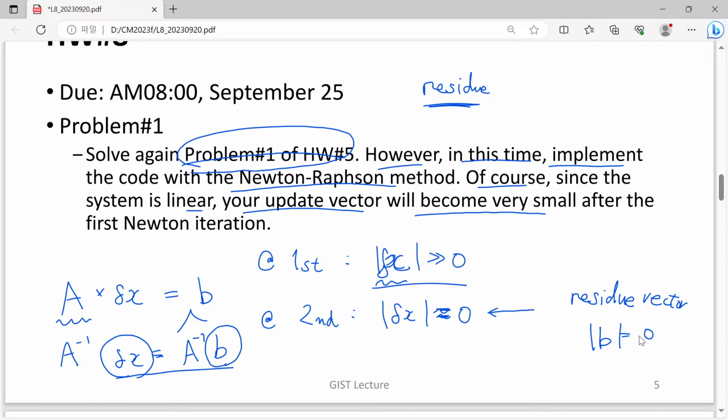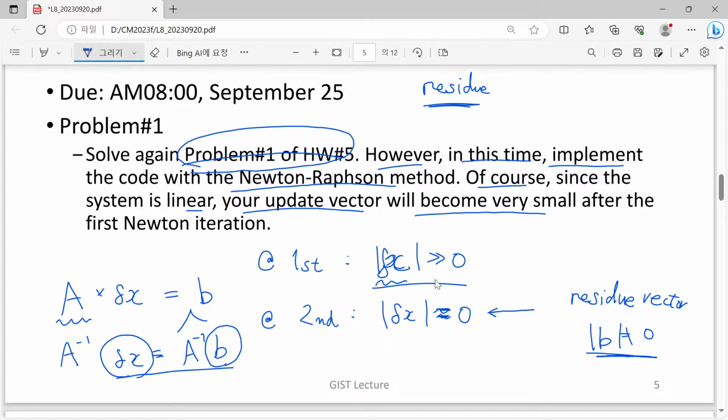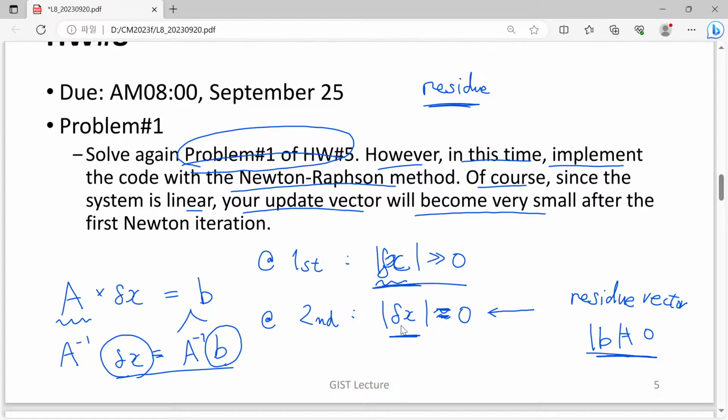However, the reason why we have a non-zero b is only due to numerical error. So this is quite small. So you will find that compared with this first update vector, your second update vector will be extremely small. So once you find that the result of the second iteration is extremely small, then now you can go to the next time instance.